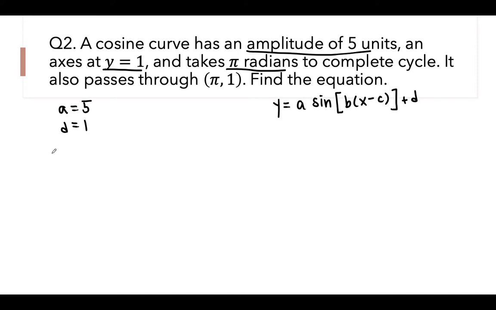That means the period is going to be 2 pi over b, and we know it's going to be pi, so pi is 2 pi over b. So I rearrange, b is going to be 2. Okay. Now, we need to find the phase shift.